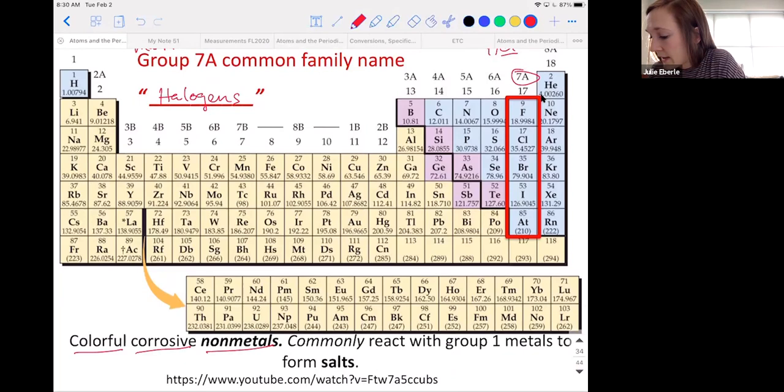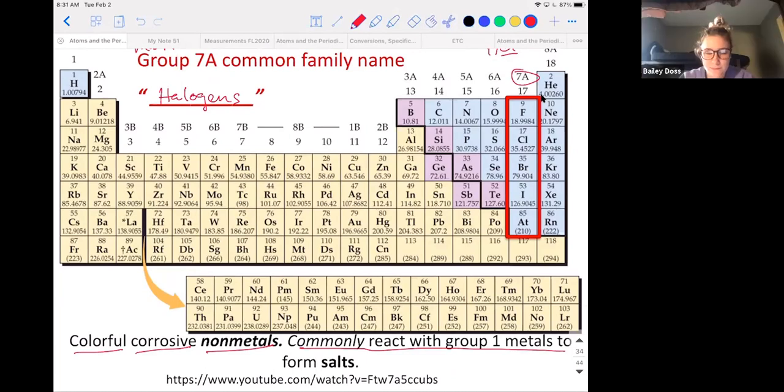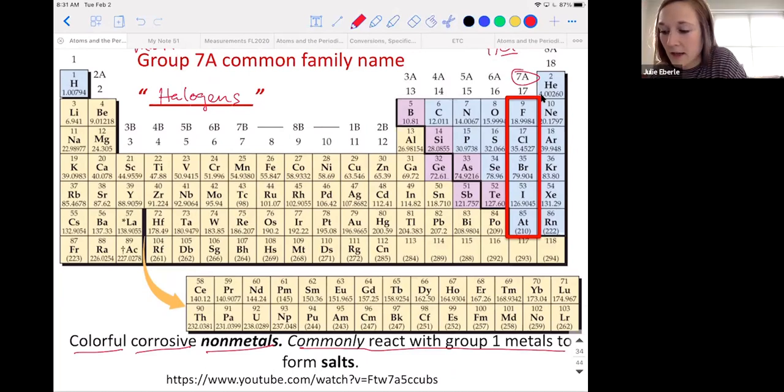Another thing to know about the halogens is they commonly react with group 1 metals to form salts. And in fact, could somebody look at group 1, look at the metals there, and then look at the halogens? Could you tell me a common salt? NaCl. Yeah, salt itself, right? NaCl, okay? But we also call any combination of the group 1 and the group 7 salts.